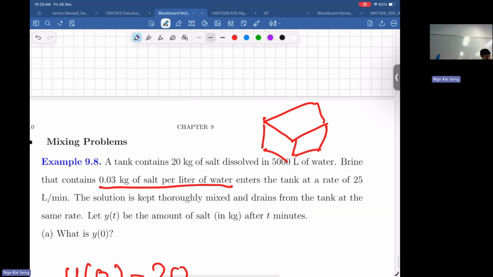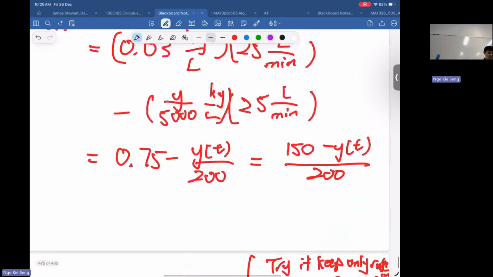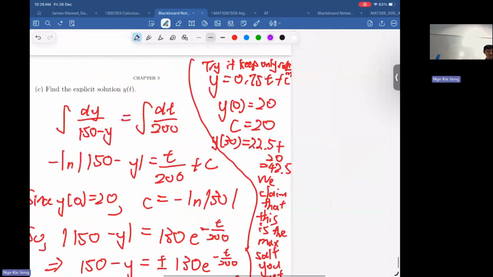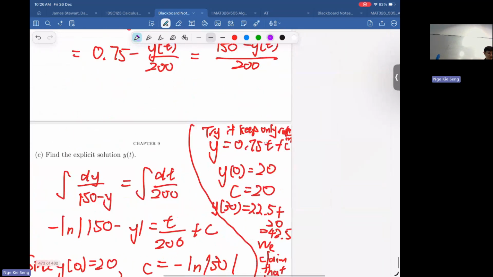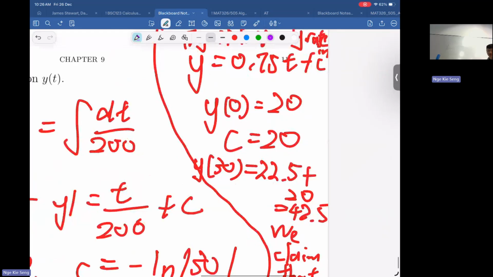So she was suggesting that because you are pouring in this salt solution of 0.03 salt per liter, at most you could go is just 550, but it is not sure that you can achieve it or not. This is just a heuristic number. But like what Yuhen said just now, if we check the maximum that you will get at 30 minutes is just 42.5.